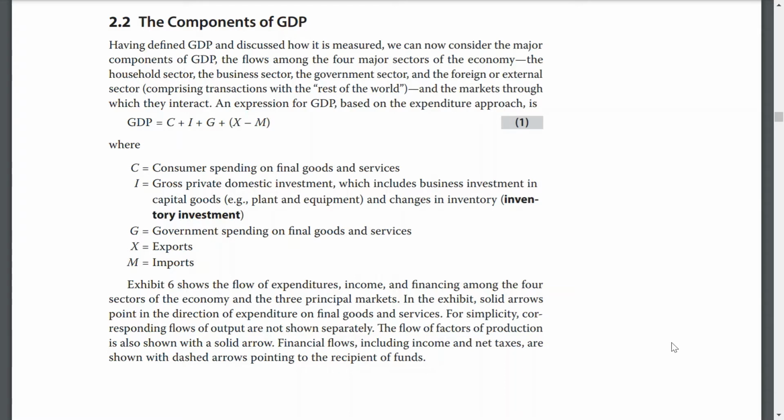Exhibit 6 shows the flow of expenditure, income, and financing among the four sectors of the economy and the three principal markets. In this exhibit, solid arrows point in the direction of expenditure on final goods and services. For simplicity, corresponding flows of outputs are not shown separately.